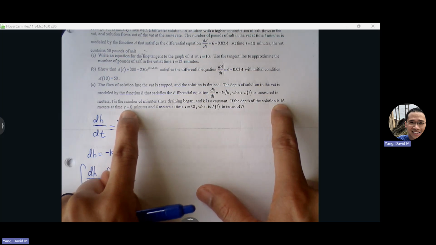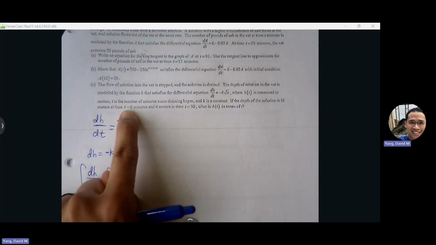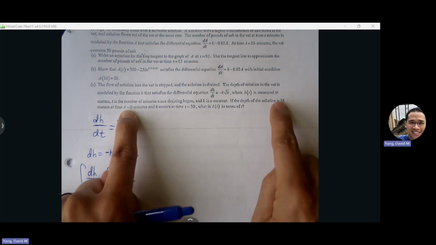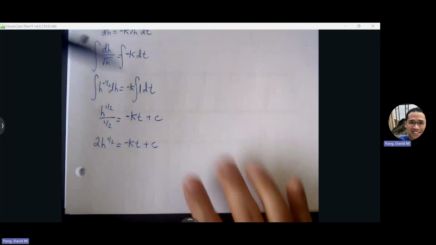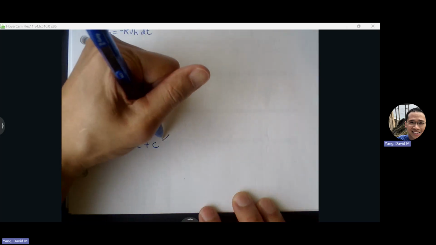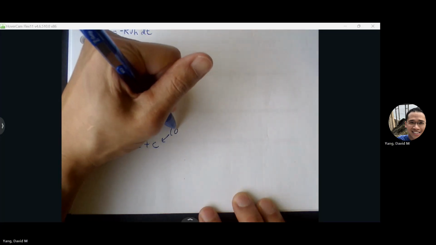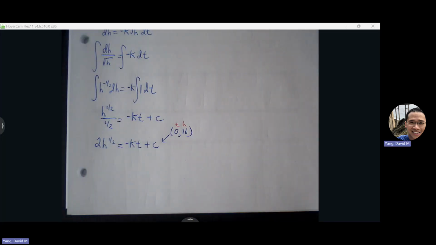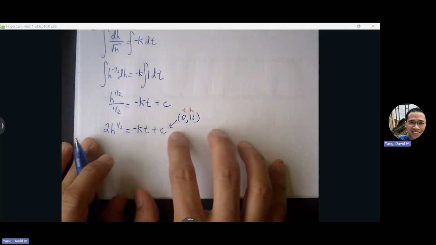So we have an ordered pair. We always want to involve 0 first. 0 is going to be the easier one to involve. So t equals 0, we have 16 meters for our solution for H. This should help us solve for C and get that out of the way here.